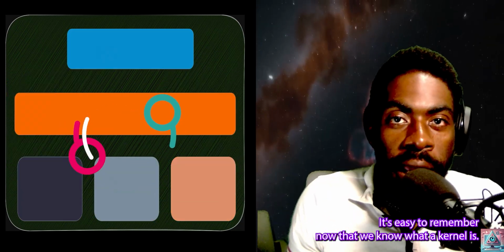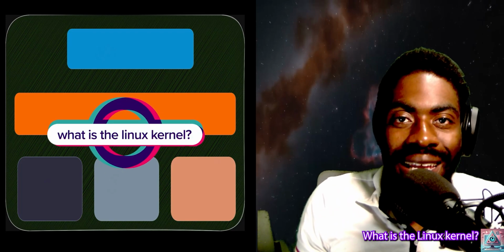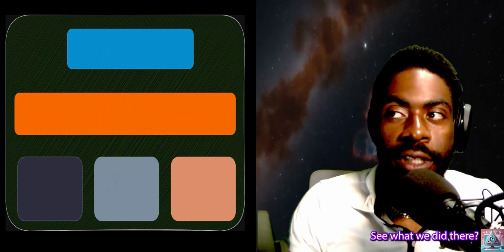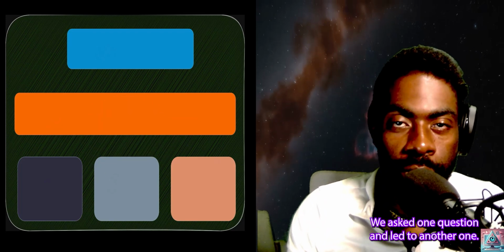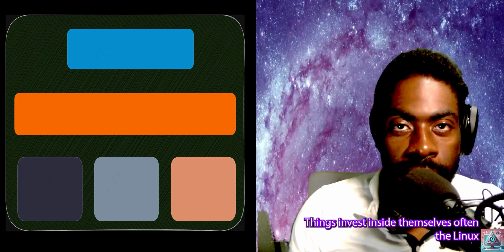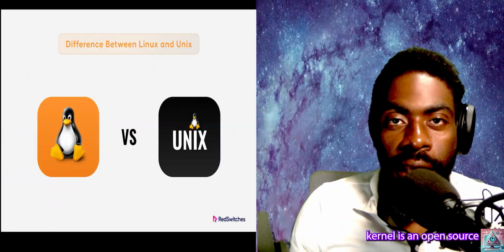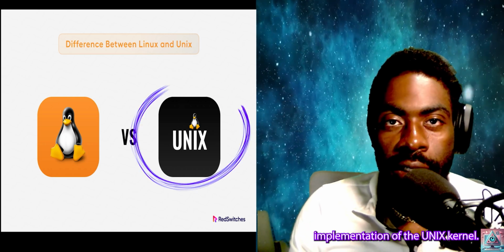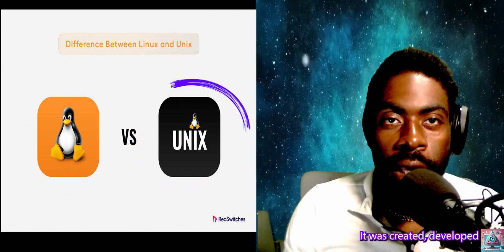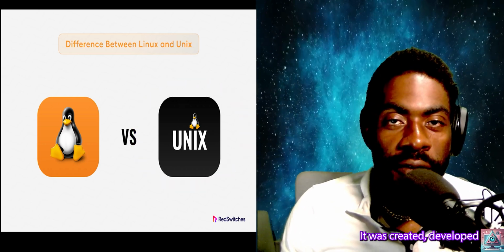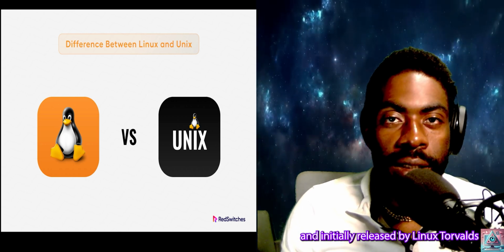Now that we know what a kernel is, what is the Linux kernel? See what we did there? We asked one question and it led to another one. Things nest inside themselves often. The Linux kernel is an open source implementation of the Unix kernel. It was created, developed, and initially released by Linus Torvalds.